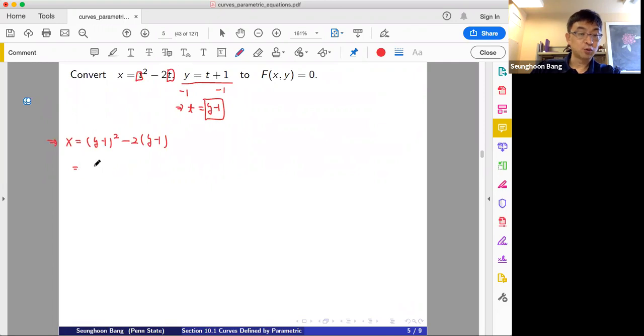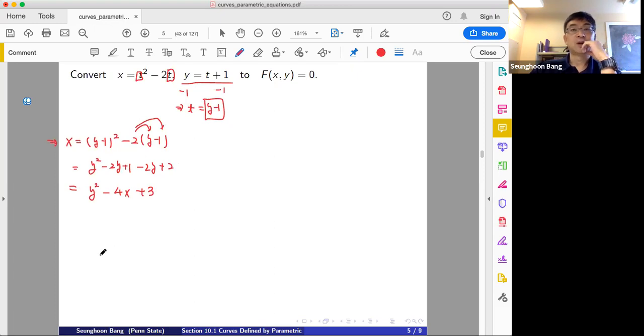It's the same as y squared minus 2y plus 1. Distribute negative 2: negative 2y plus 2. This is y squared minus 4y plus 3. So we have it like this.